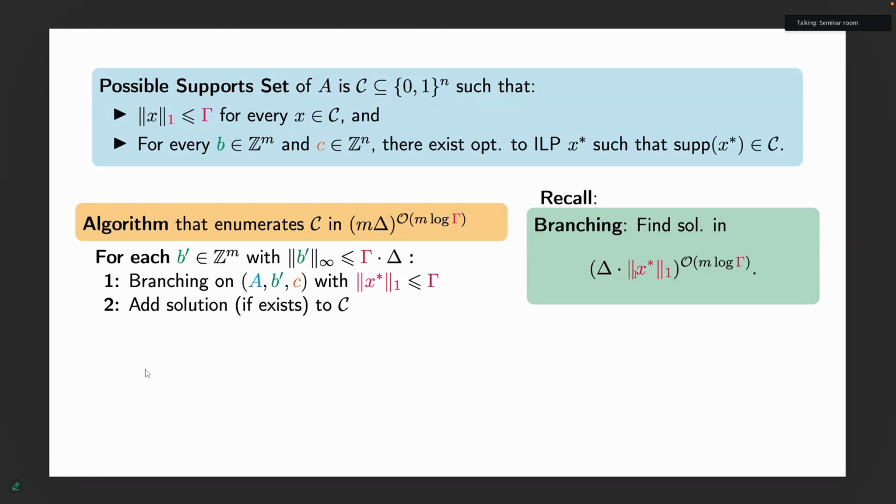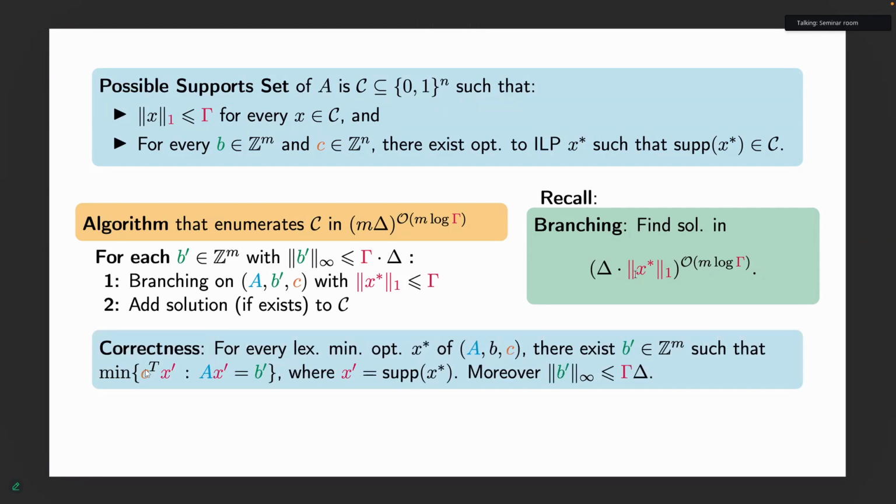So correctness is a bit tricky, but it's actually a couple of paragraphs, though they are very dense. The idea is that if you have a lexicographically minimum solution, let's say it's x star, then there exists a right-hand side such that for this right-hand side the solution is just the support of this x star.